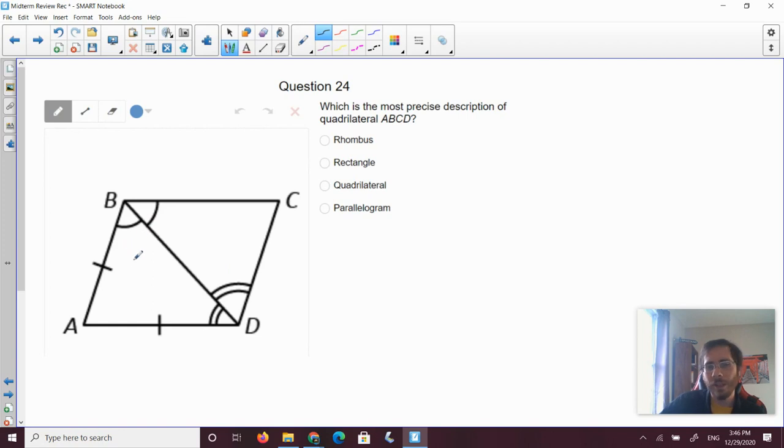So if we look really carefully, it looks like we've got two interesting looking triangles. We're given angle ABD, so that's this one right here, and CBD are the same.